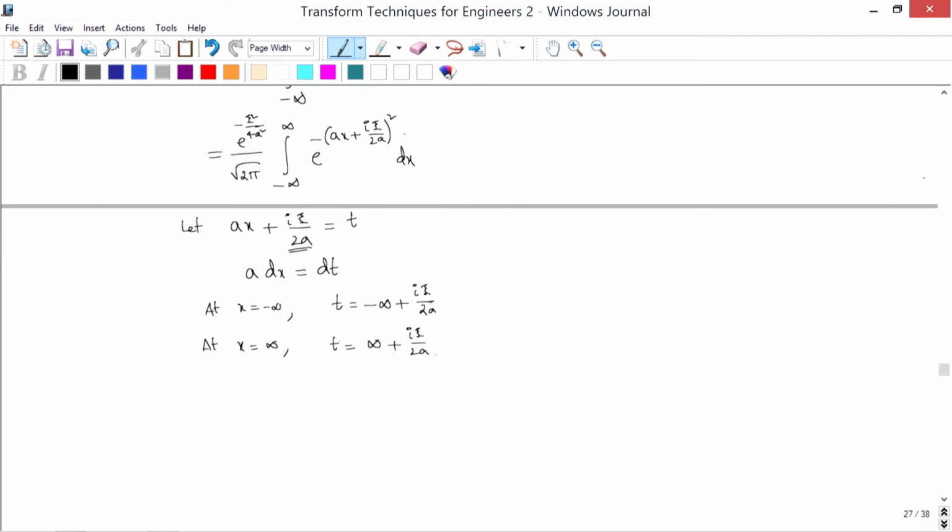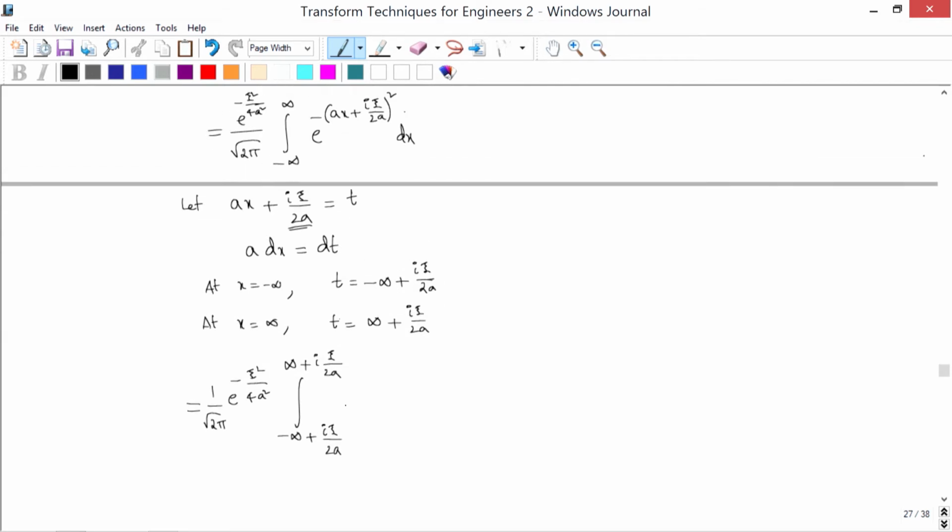So try to use that. What you get is e power minus xi square by 4a square, divided by root 2 pi, times the integral from minus infinity plus some constant, a complex number though, to plus infinity plus i times xi divided by 2a.